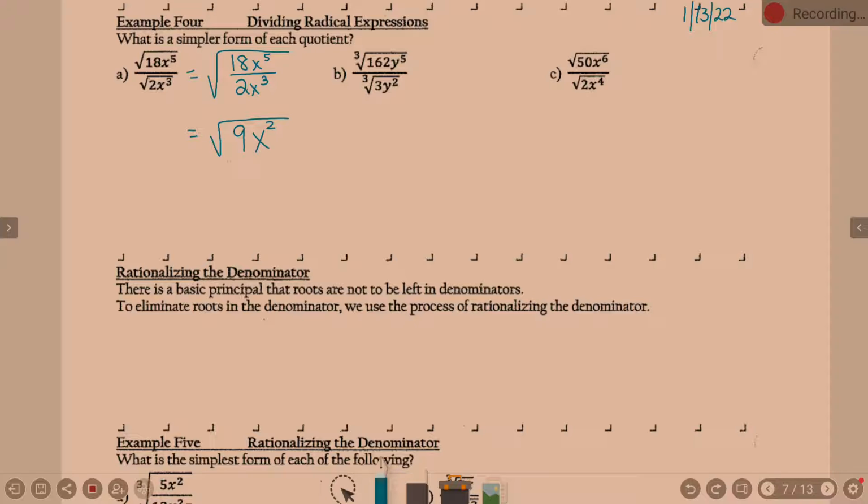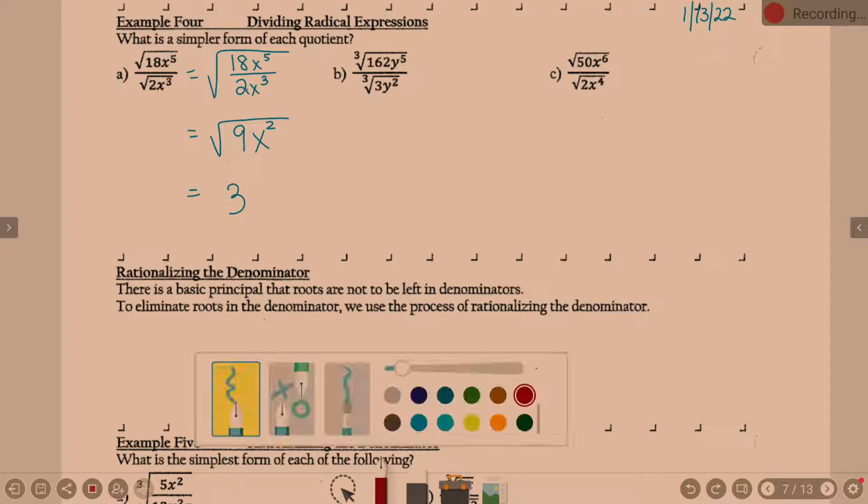Because now we went from having a fraction to work with to just having, okay, this is like yesterday now. Can I simplify? So can I do the square root of 9? Yes, the square root of 9 is 3. Can I do the square root of x squared? X, because how do we do square root of an exponent? Divide the power by the power.